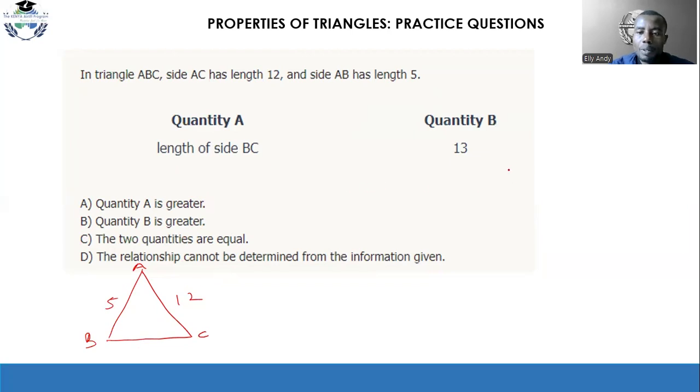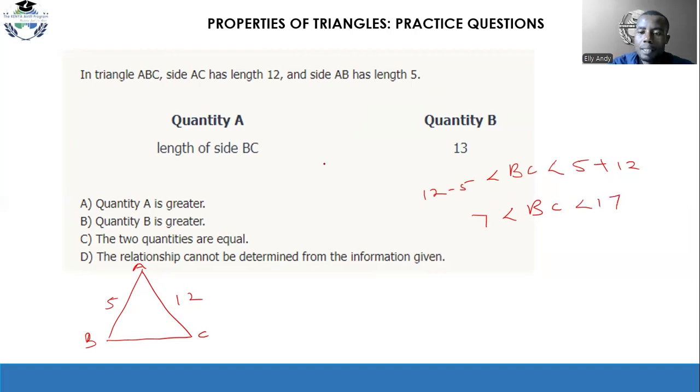Now here we'll use this property that a side, in this case BC, of a triangle must be less than the sum of the other two, in this case 5 and 12, but greater than their difference. So our BC will be greater than 7, but less than 17.